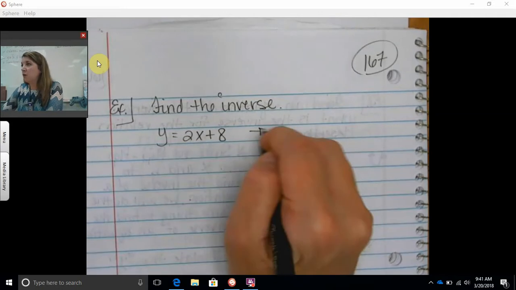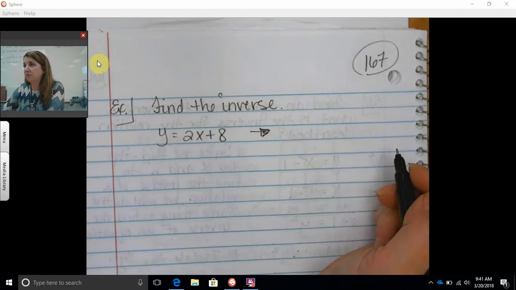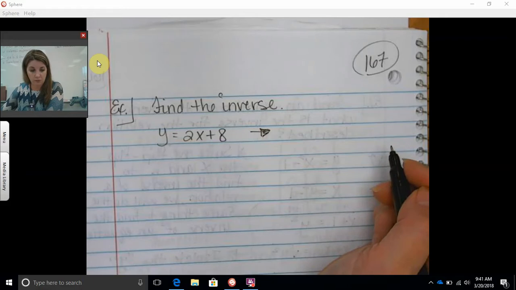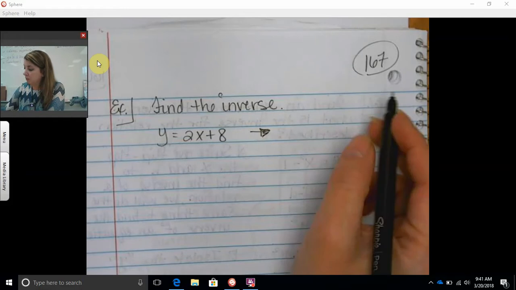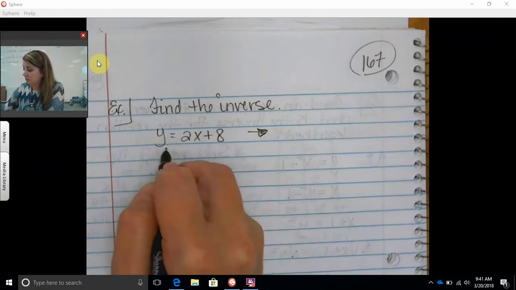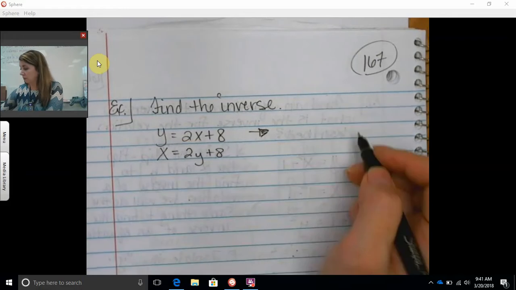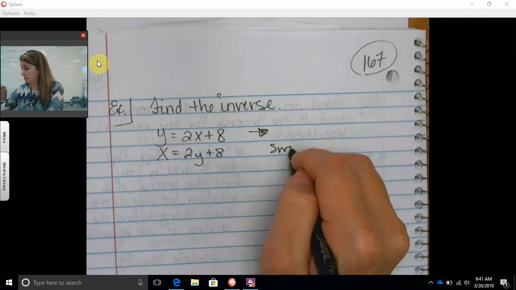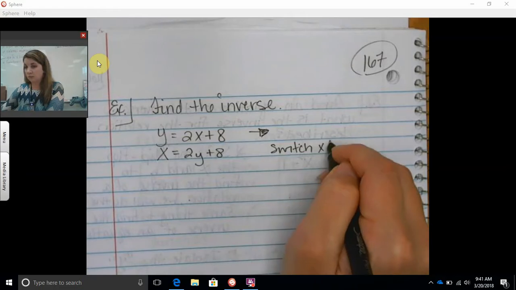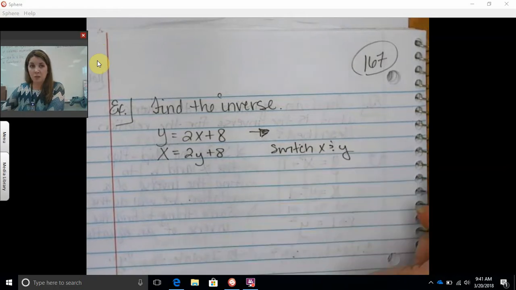If I were to graph it, what was my y-intercept? 8. What would my slope be? 2 over 1. But we're not going to. But if I was, we know what it would be. So if I'm finding the inverse, first thing I'm going to do, flip-flop the x and the y. And after I do that, what's my goal?